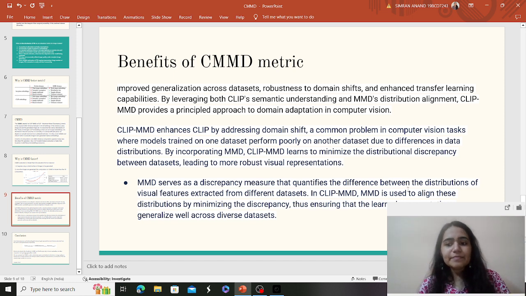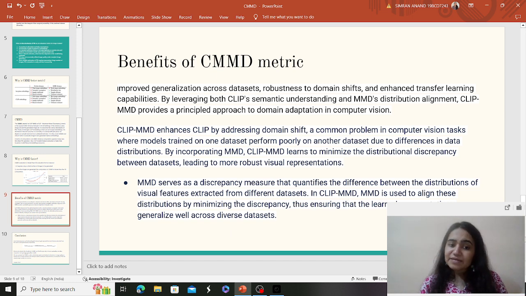In CLIP MMD, it is used to align the different distributions you have from one domain and another domain. Like say the real image is from some data set, one domain, and the one which is generated is in another completely different domain. So what MMD is trying to do is align the distributions. That is very handy here.